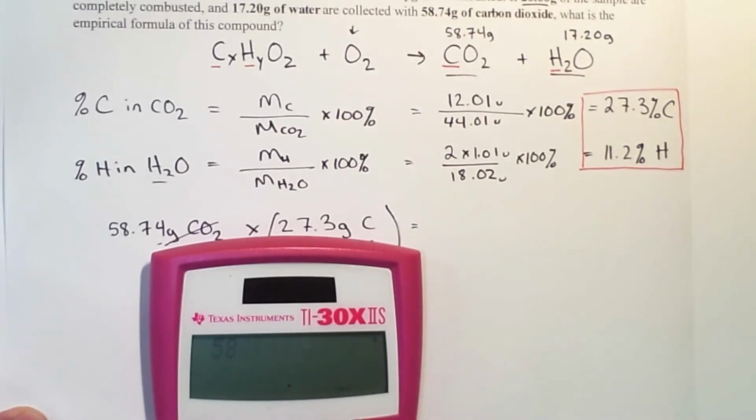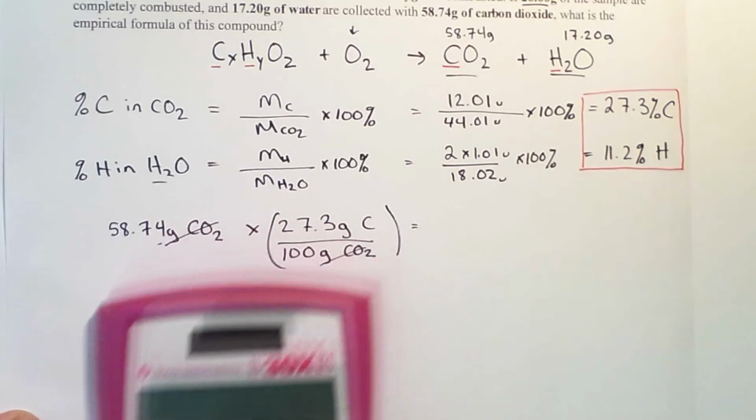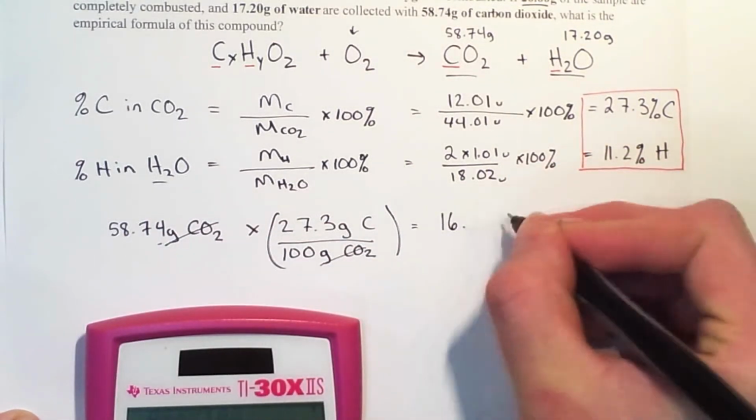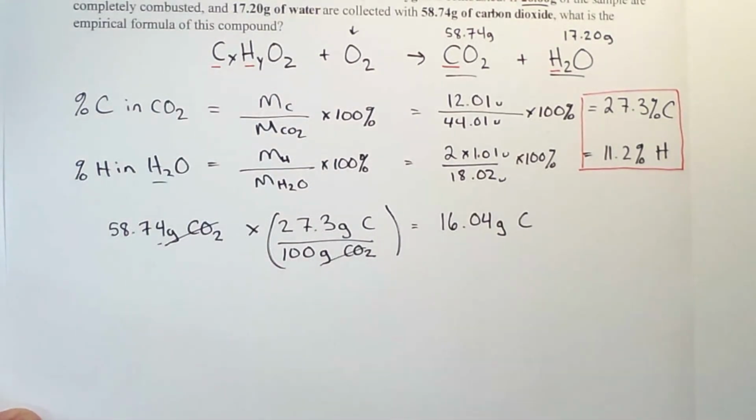So 58.74 times 27.3 divided by 100 equals 16.04 grams of carbon.